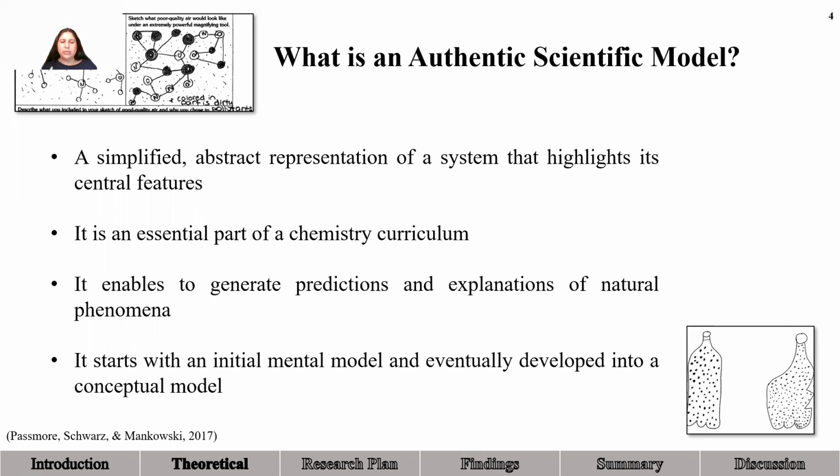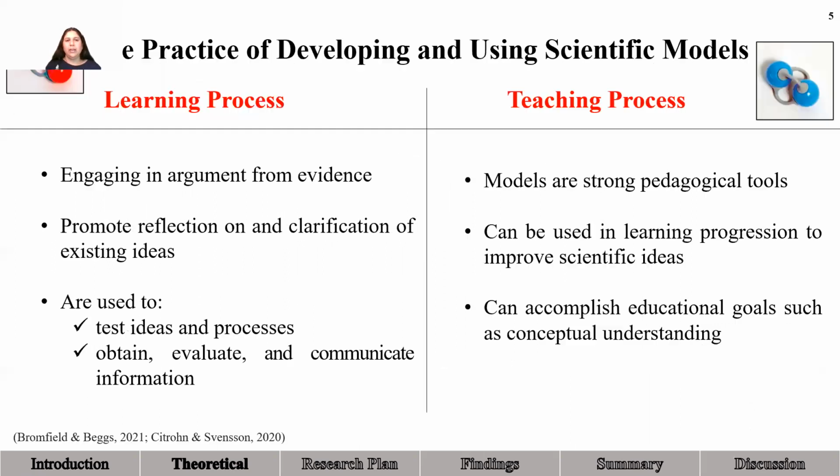It enables a student to generate predictions and helps in explaining natural phenomena like condensation, evaporation, etc. It starts with producing an initial mental model and is eventually developed into a conceptual model by students.